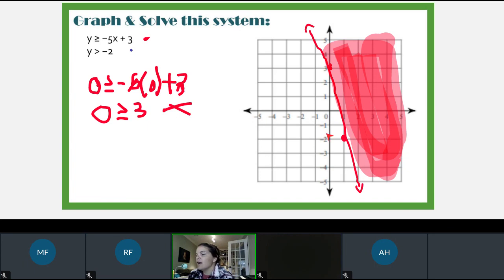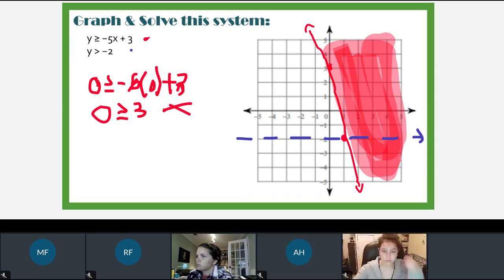The y value is always going to be greater than negative 2. So this is going to be a horizontal line at y equals negative 2. It's a dotted line because it's just greater than, okay? And then I'm going to shade the y values greater than negative 2. Exactly, Jonathan. So I'm going to shade the top.